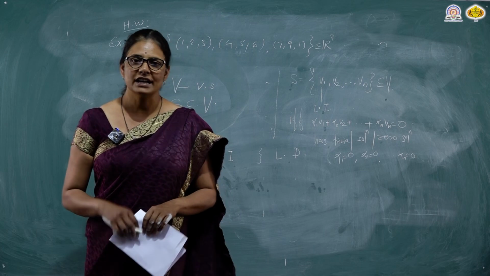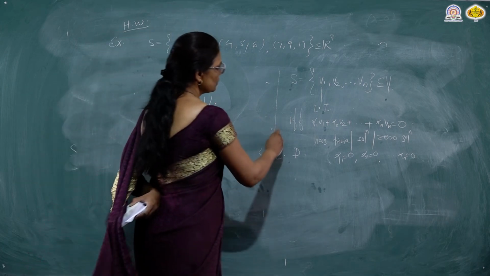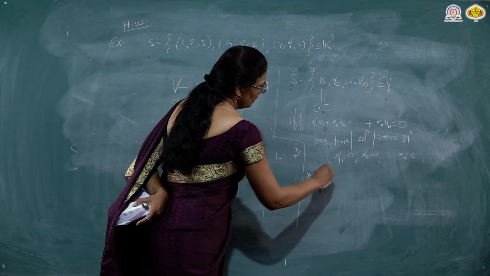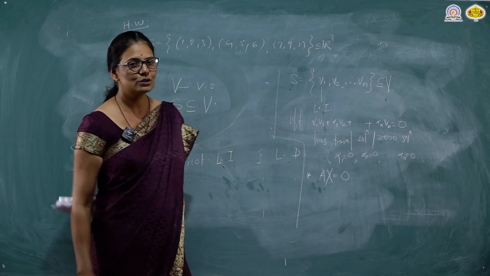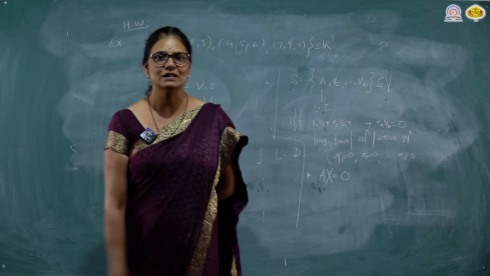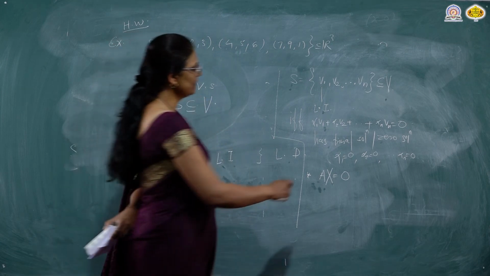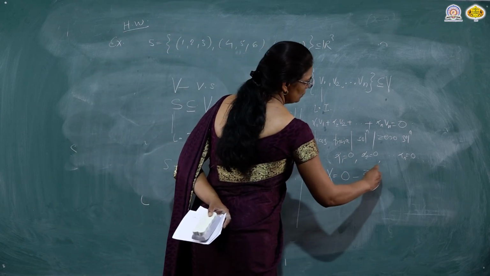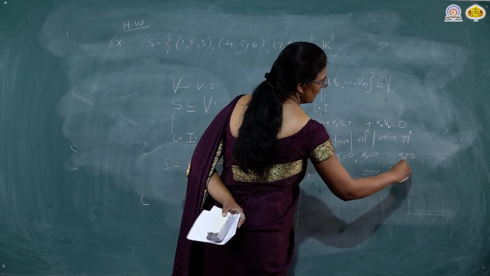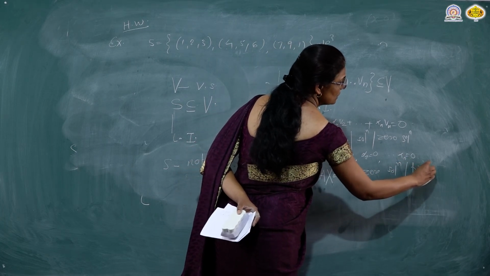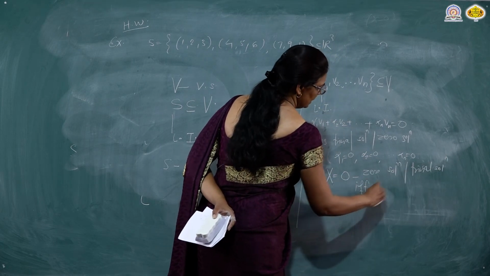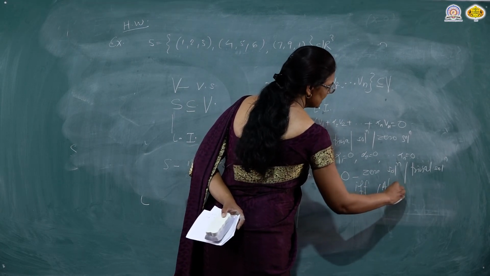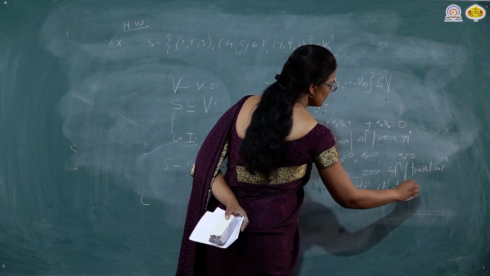Also remember one important result while solving problems. If I consider a homogeneous system Ax equals 0, this system has the zero solution, also called the trivial solution, if and only if the determinant of A is not equal to 0.